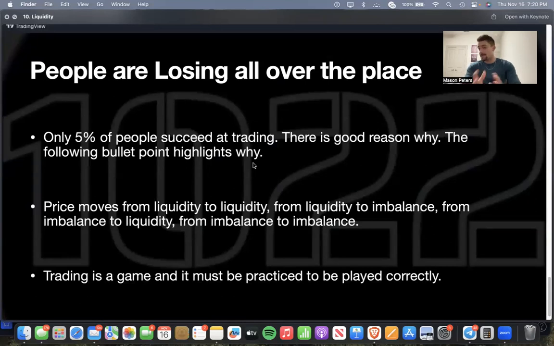I don't think he came up with it, but this bullet point right here: price moves from liquidity to liquidity, from liquidity to imbalance, from imbalance to liquidity, from imbalance to imbalance.